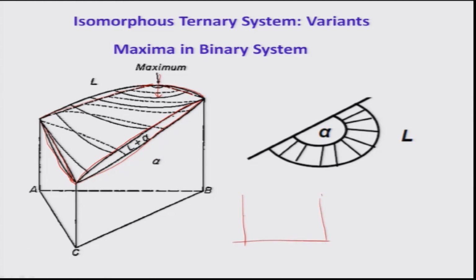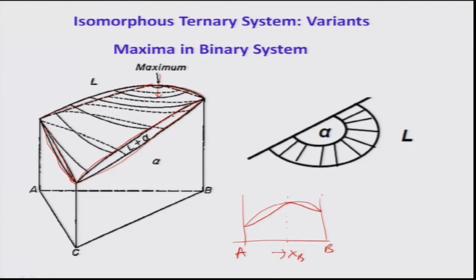So, what is the way is basically, if I draw the AB binary phase diagram, this will be like this, correct. So, this is what I am talking about. If I have a maximum point in the AB binary like this, then how will it look? This phase diagram will look like this, a ternary space model.